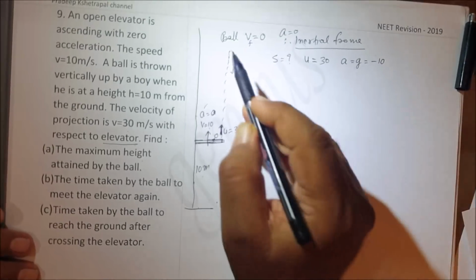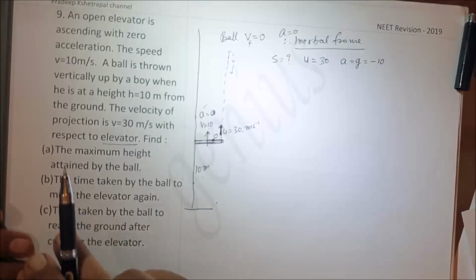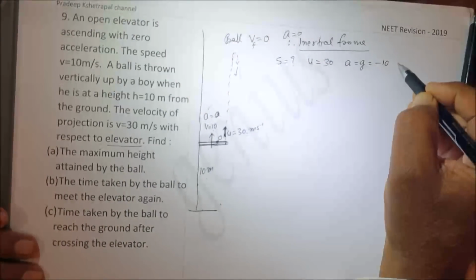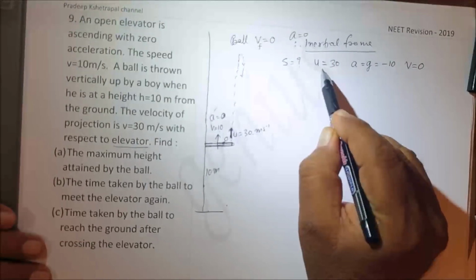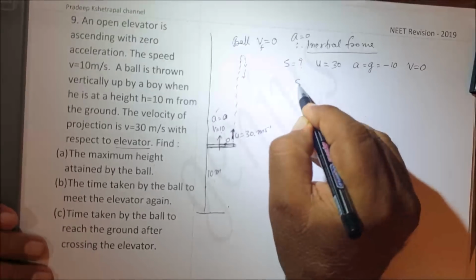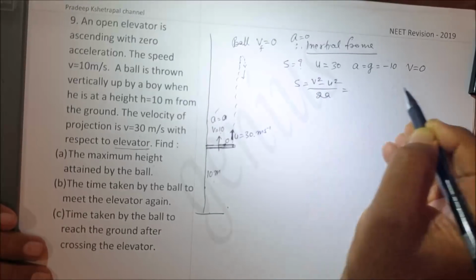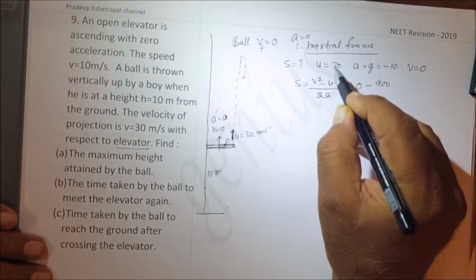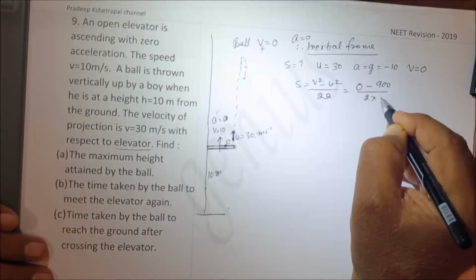Then to get the maximum height, what is the quantity hiding when it is given to us that it has gone to maximum height? Answer, v is equal to 0. Now with this u, a, v, s, we have a relation s is equal to v square minus u square upon 2a, and here it will be 0 minus 900 divided by 2 into minus 10.